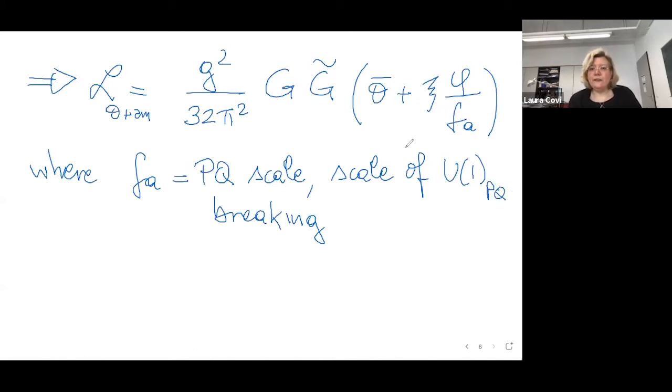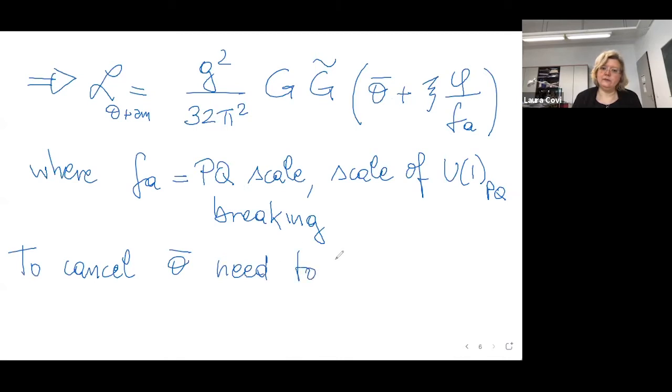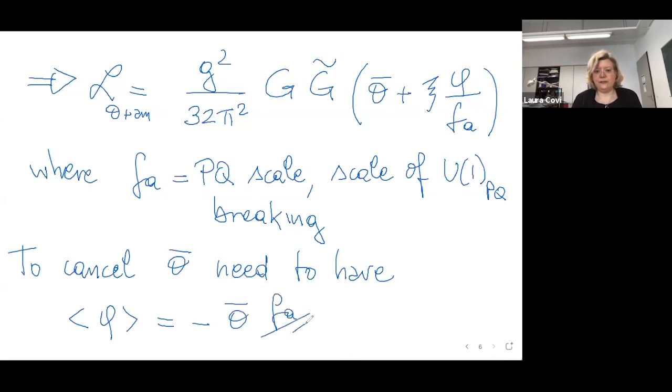Okay, so now it's clear what happens. This field is dynamical, so you can hope that it takes a vacuum expectation value in order to cancel exactly the theta bar. To cancel theta bar, the expectation value of the field phi has to be exactly minus theta bar Fa over Xi.